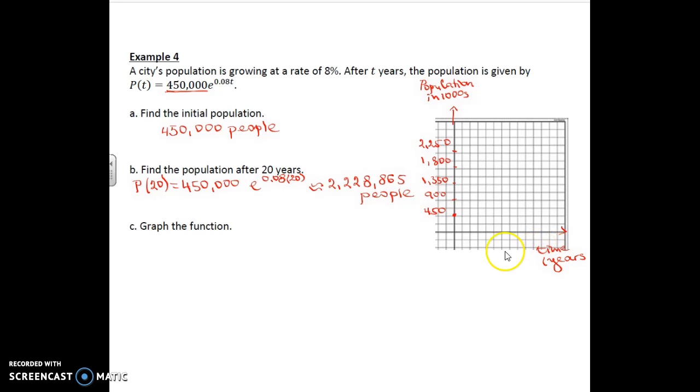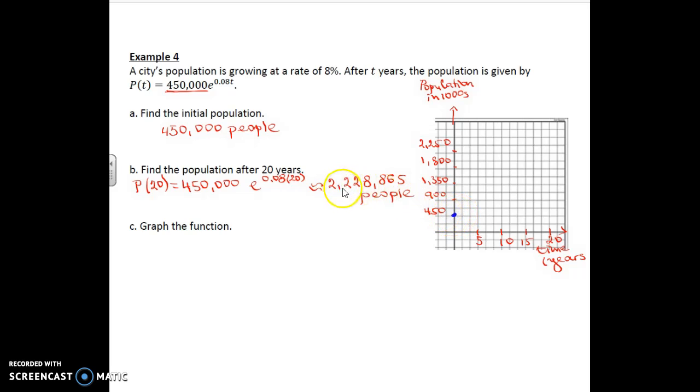Okay? And then our x-axis represents time in years. I'm going to do that every 3 squares is equal to 5 years. So that can be 5, that could be 10, that could be 15, and then we have 20. Really, we only need these 2 points. I do know that I have a point at 0 and 450,000.